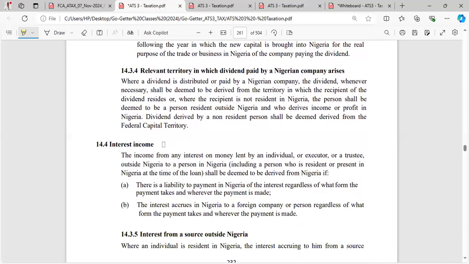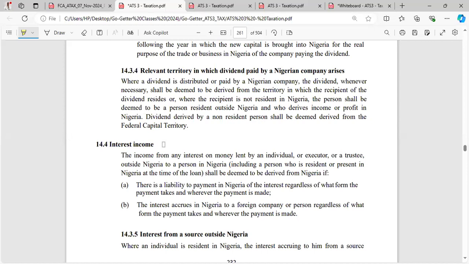All right. Relevant territory in which dividends paid by a Nigerian company arise. Where a dividend is distributed or paid by a Nigerian company, the dividend, whenever necessary, shall be deemed to be derived from the territory in which the recipient of the dividend resides, or where the recipient is not resident in Nigeria, the person shall be deemed to be resident outside Nigeria and derives income or profit in Nigeria.